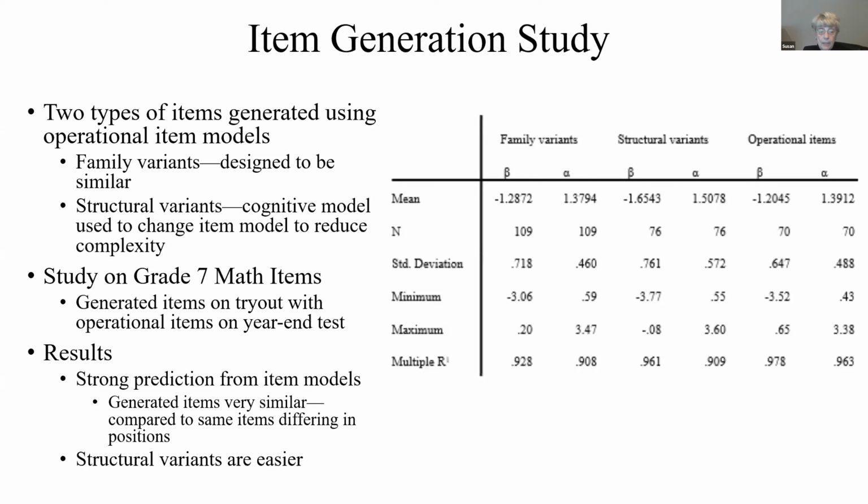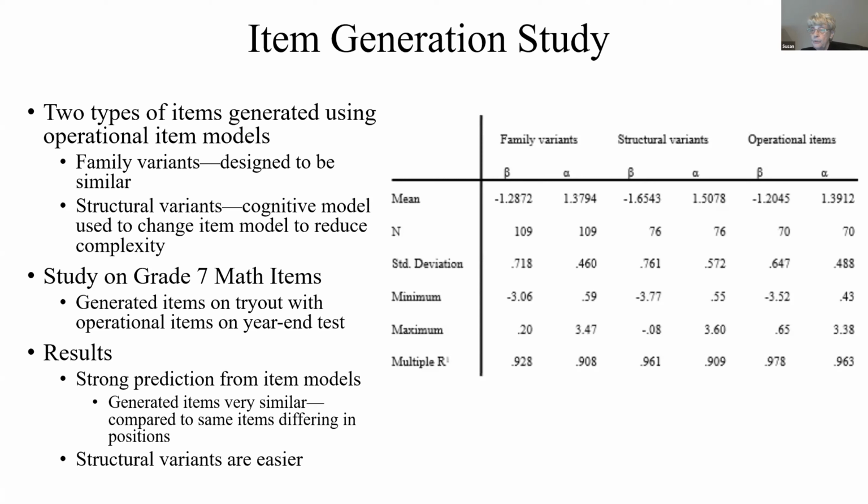So we have a study here on grade 7 math items. We've done other grade levels. And so the results show pretty strong prediction from the item models. Now, what we have here on the far right would be the operational items and how they predict item difficulty. The reason why that's in the mix is that the operational items were on 3 different test forms, same items, but in different positions.